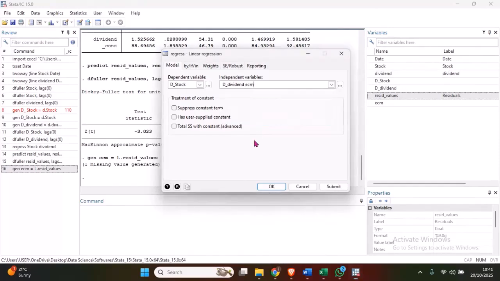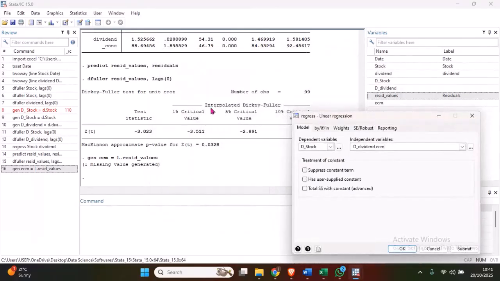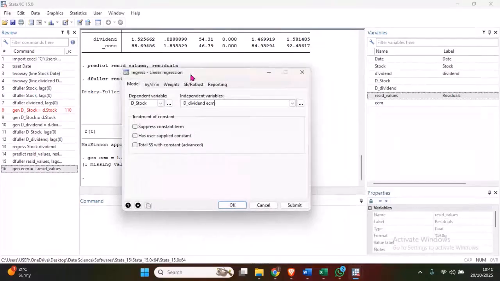We add the ECM because, remember, we generated a variable called ECM, and the ECM is the lag of the residual values. So here we add the ECM and then we click OK. And then we get the results.